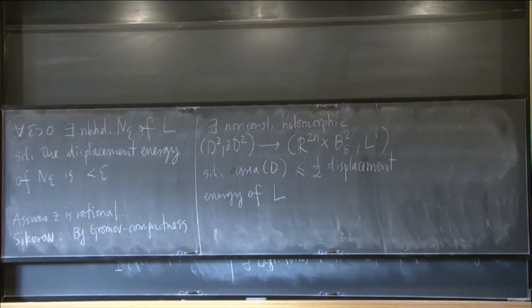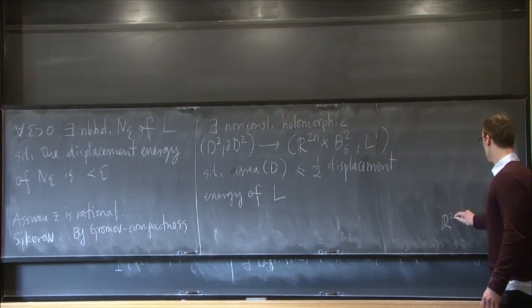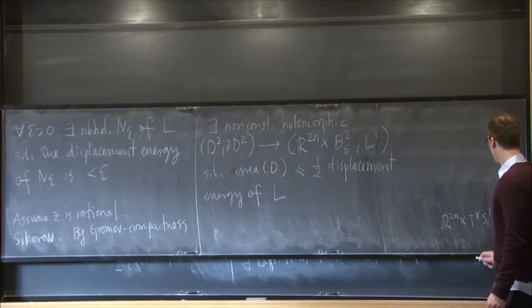So what do all these things mean? This L prime is the suspension of L. So if I look at this vector field X_F, I get a Hamiltonian isotopy of L. And I can look at the suspension of that, which is just going to be something in R^n times T star of S1.